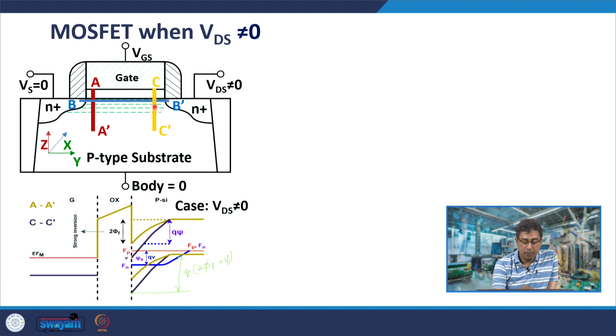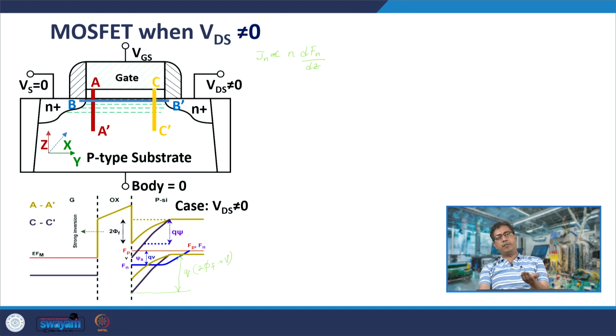So what about the electron current from C prime to C?